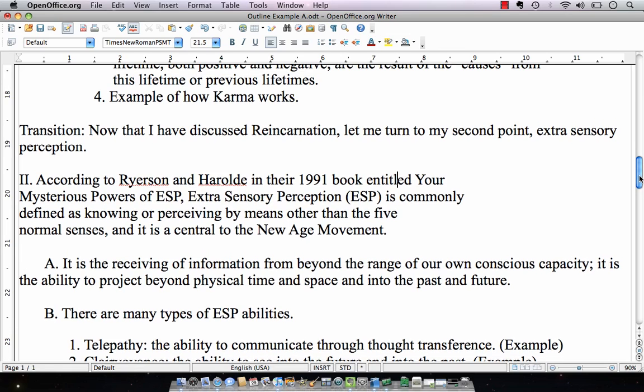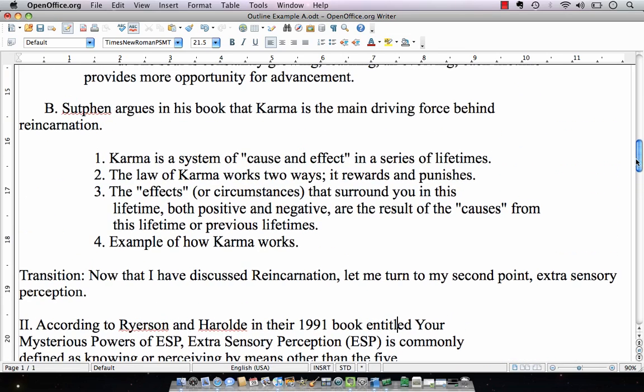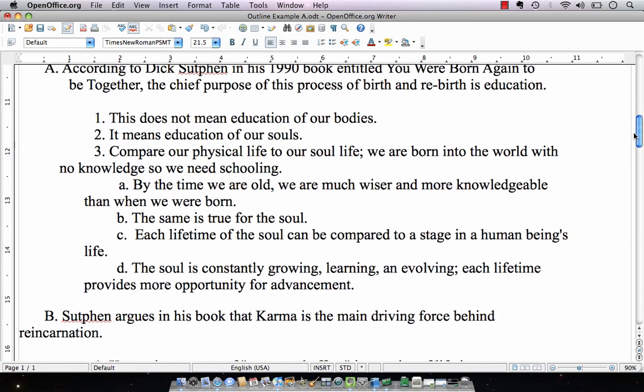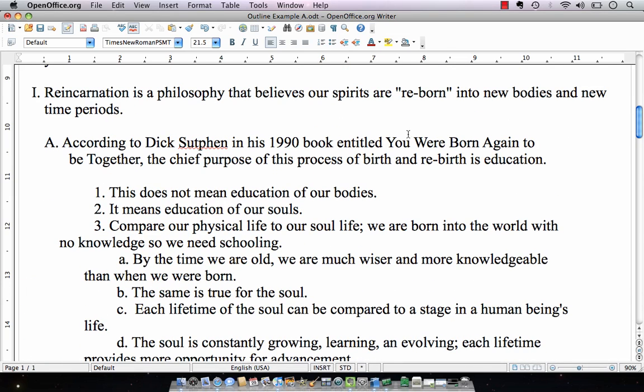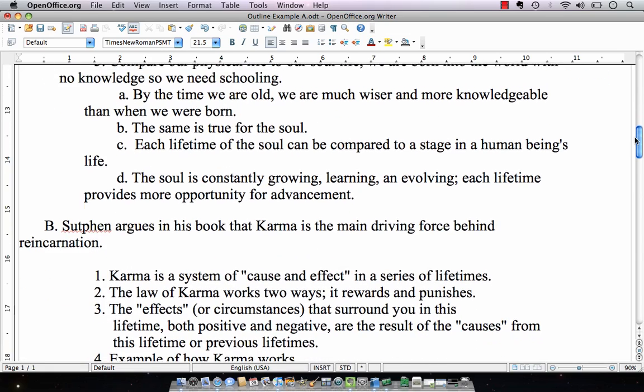One thing to remember, and let me go back up to the first main point: in this first main point, the student cited a book, Suffin's book, and they cited the full name of the author, the date, and the title. And that's the first time they mentioned that author and that book.